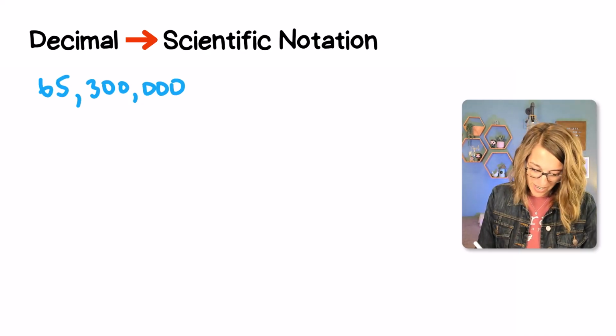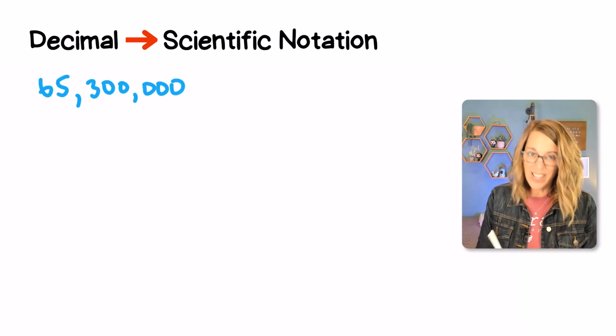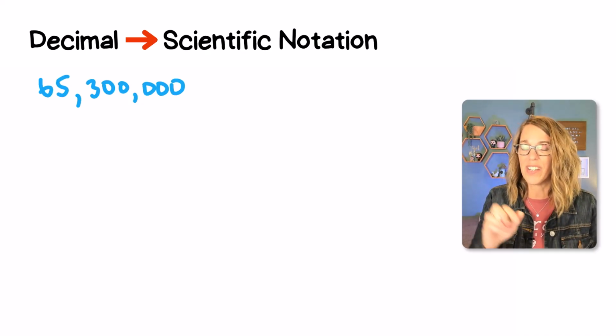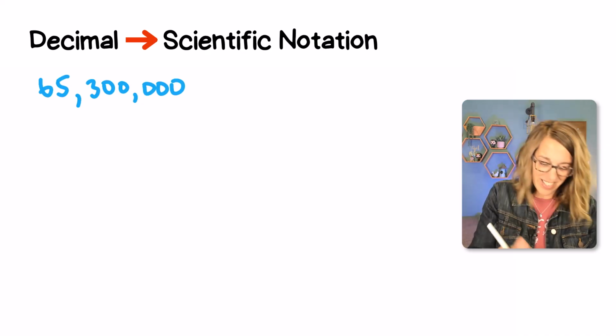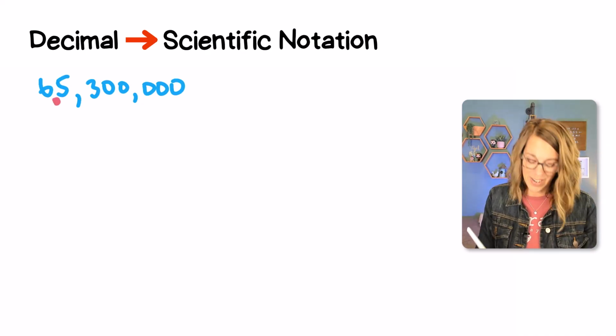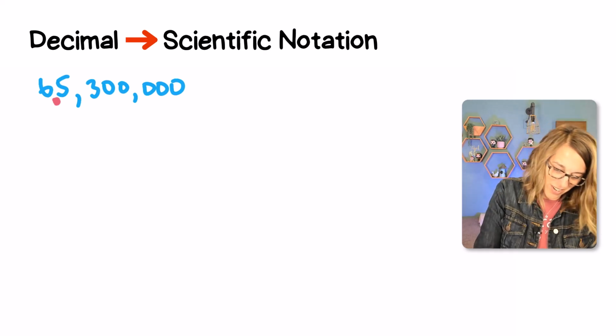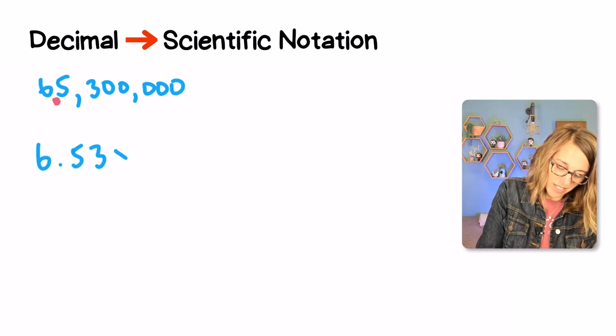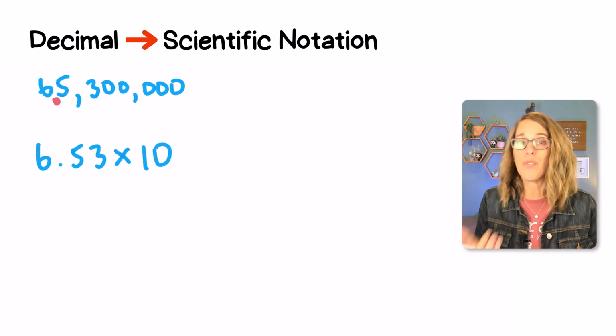Okay, so this first one, let's put the decimal in so that we get the correct coefficient. I need 1 digit and then the decimal place. So my new decimal place is going to live right here. So as I'm putting my answer together, it's going to be a 6.53 times 10 to the.